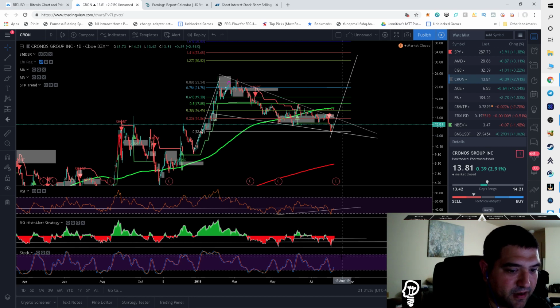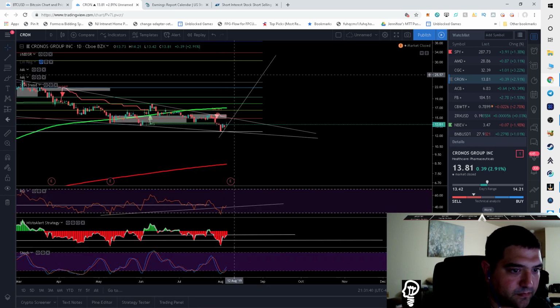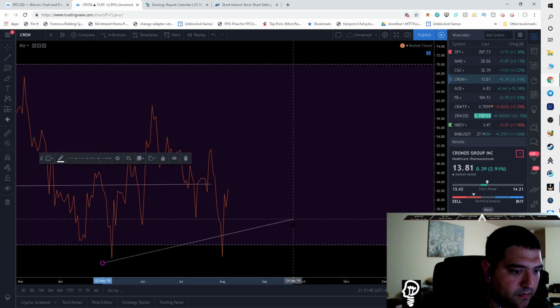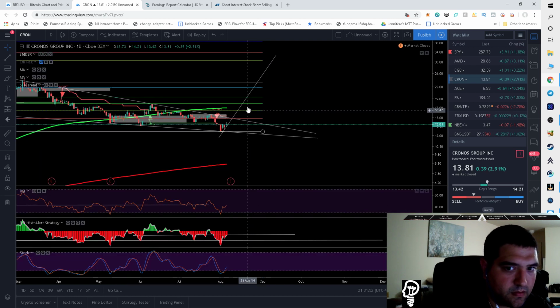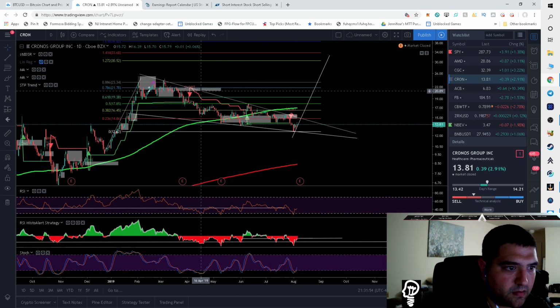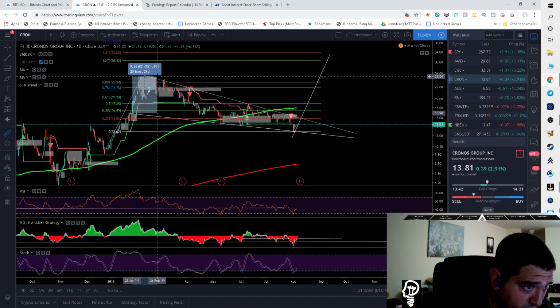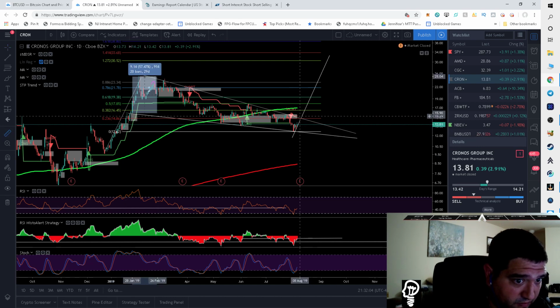All right? I mean, oscillators are pointing upwards on the daily. And yeah, so the measured move of this is around 57%, okay, out of this channel.